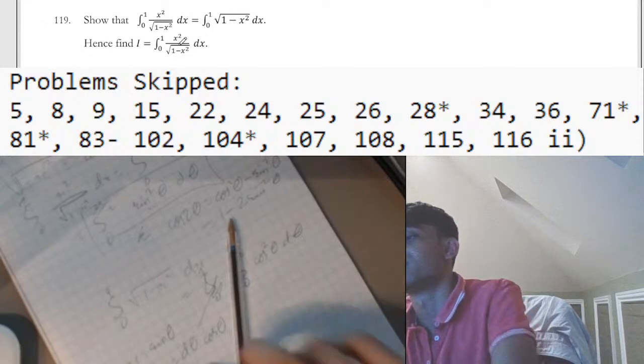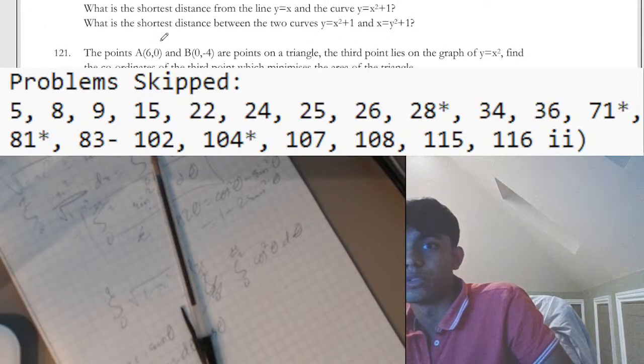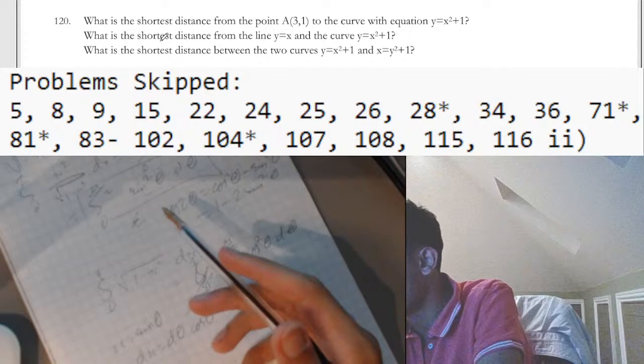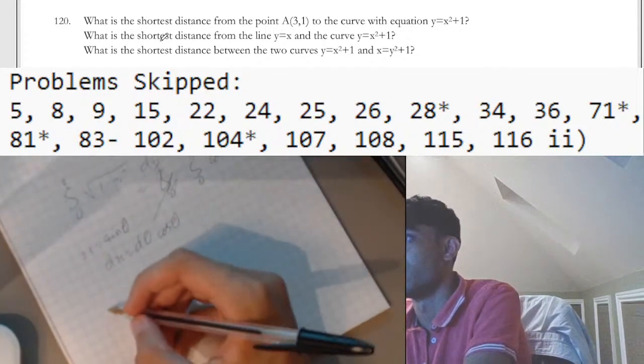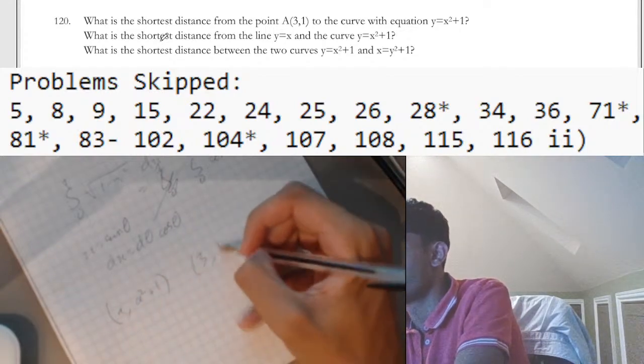Hence find it. Well, okay, I got a simple expression for it, so I know how to find it. What's the shortest distance from the point to the curve? Well, the point on that curve is of the form a squared plus 1, a, and you have 3, 1.